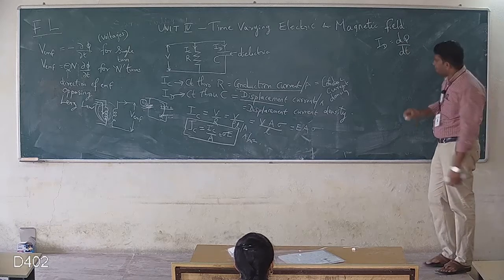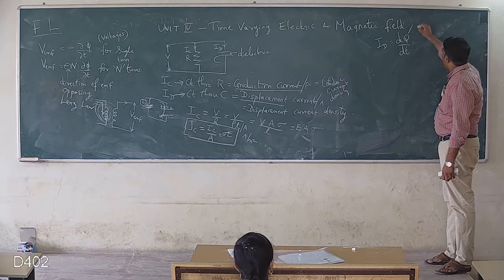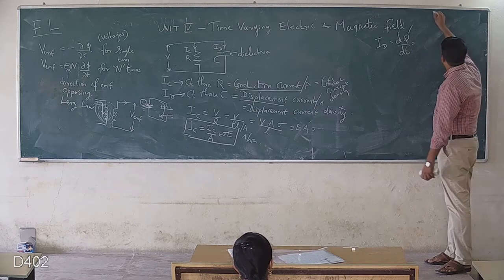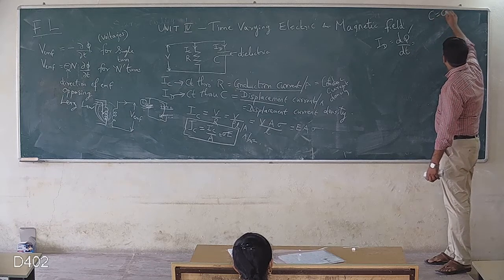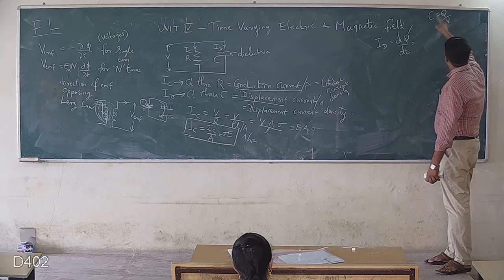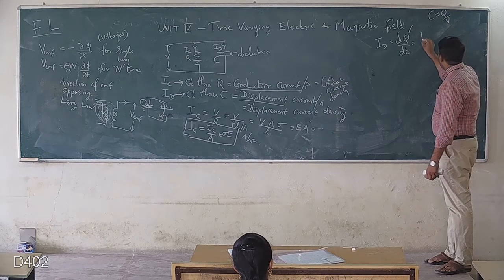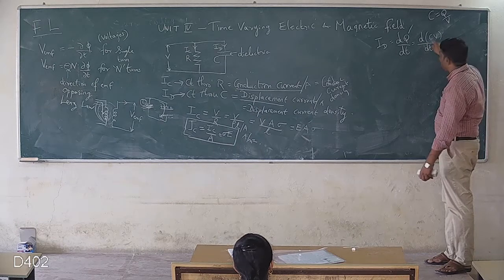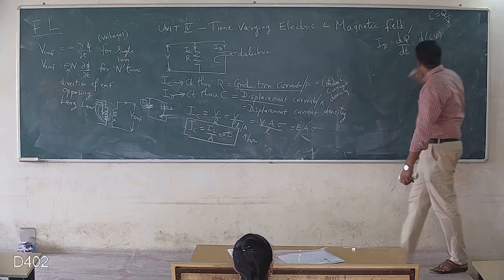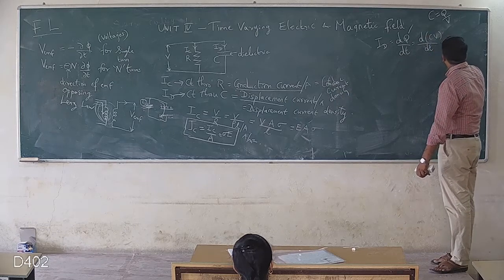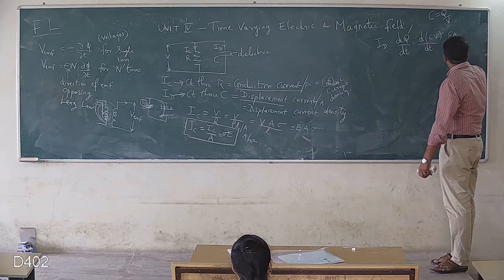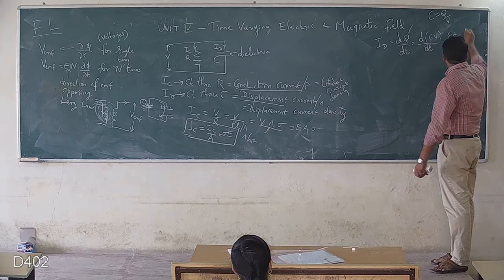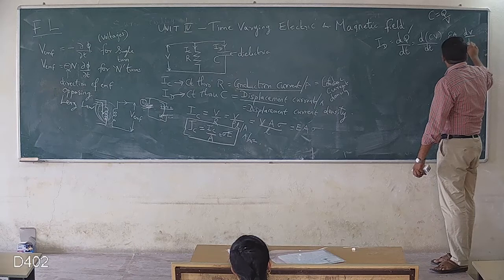If I want to replace the charge by a capacitor, I know the well-known equation, capacitance is equal to q by V, and q is equal to C into V. So I can write d(CV) by dt. Since we have considered a parallel plate capacitor, the C is a constant which will come outside, which is epsilon A by D into dV by dt.